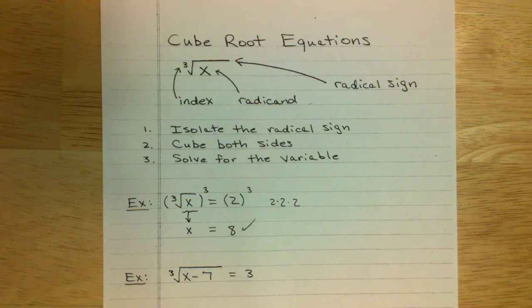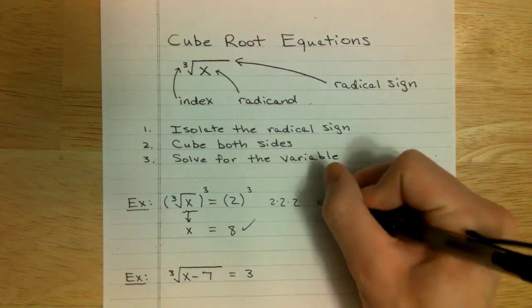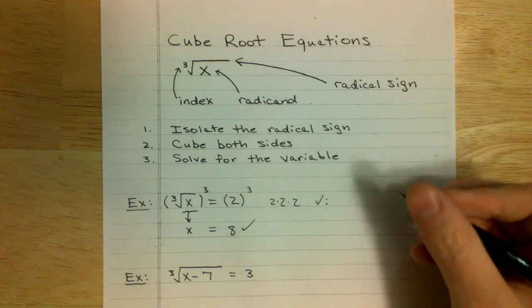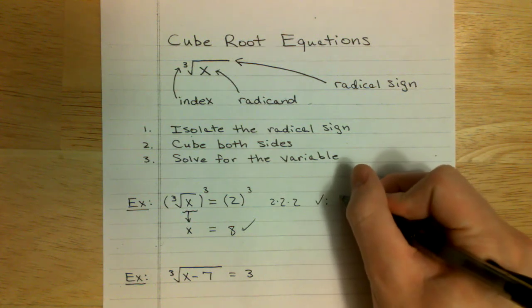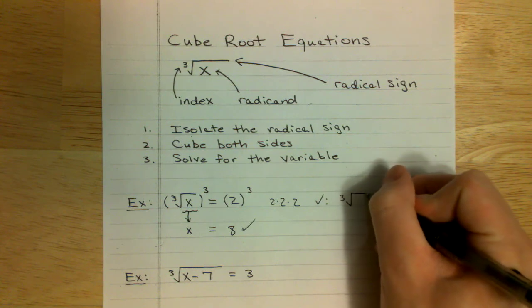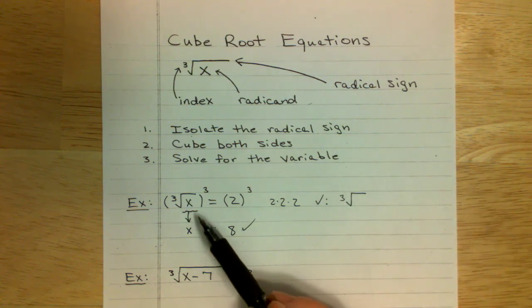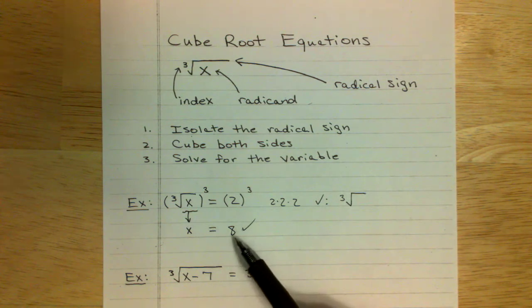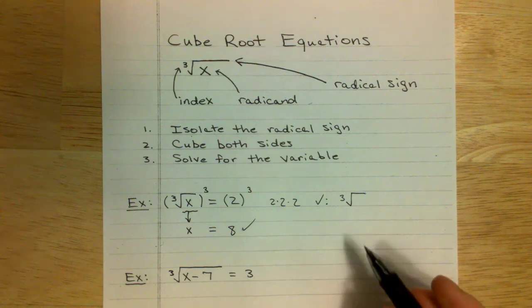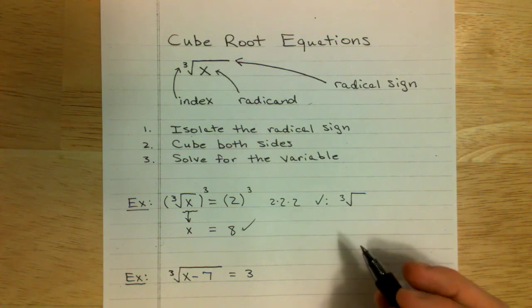Okay, so now if you want to check your answer, all you have to do is write out your equation again. But instead of x, you're going to replace every single x with the answer that you found. So here, I'm going to replace every x with an 8.